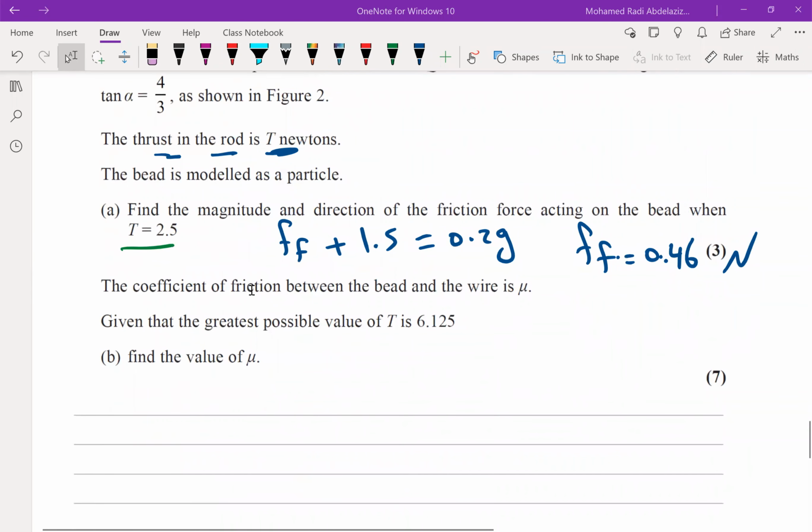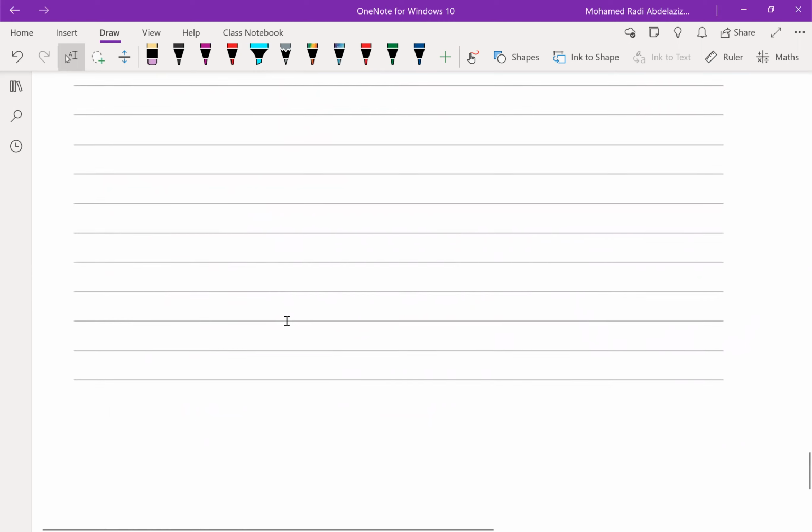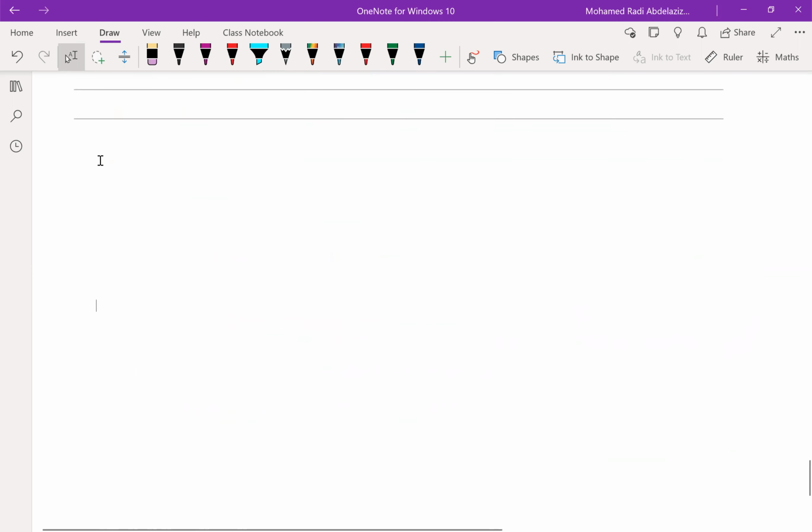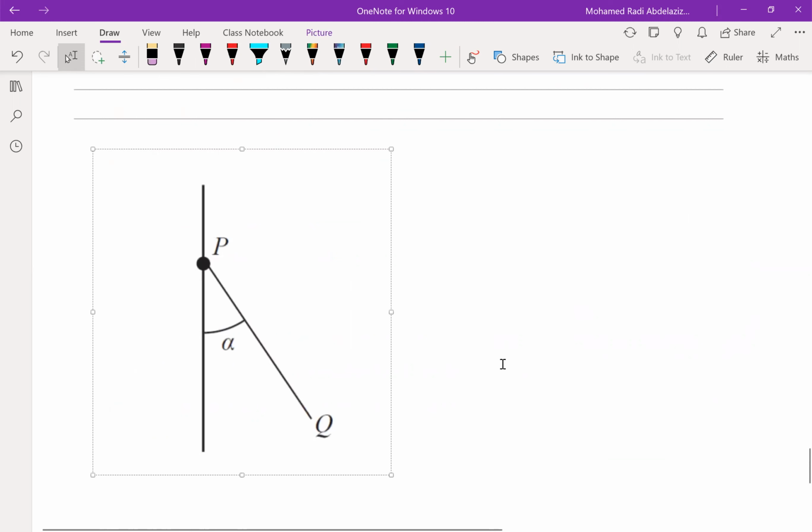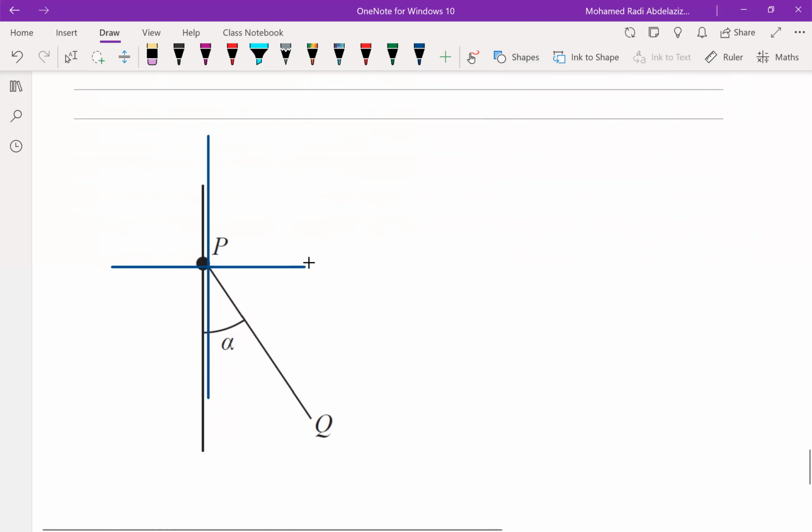For part B, the coefficient of friction between the bead and the wire is mu, given that the greatest possible value of T is 6.125. So we'll repeat this part again for resolving the forces, horizontally and vertically, because the direction of the friction force may be changed now, because the value up will be more. In the same way, we'll extend the thrust of the rod, it will be like this.